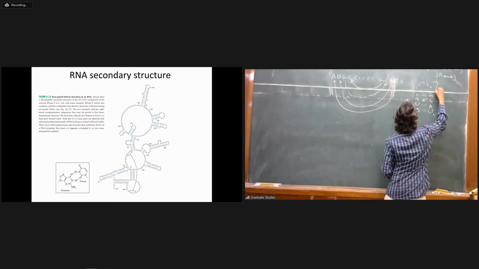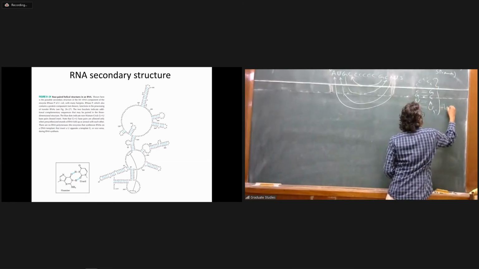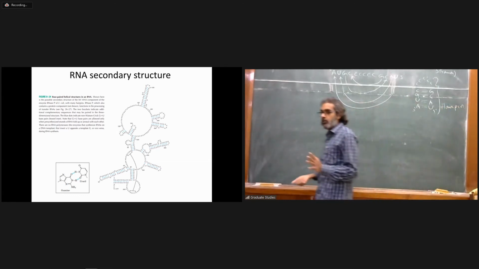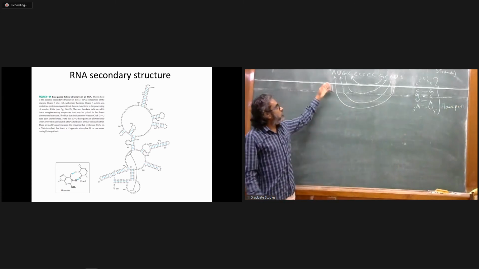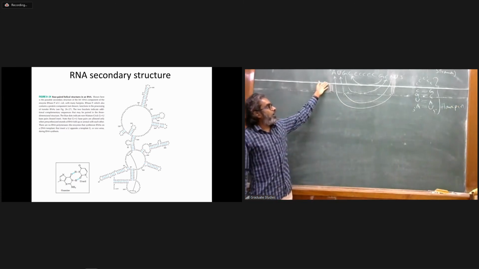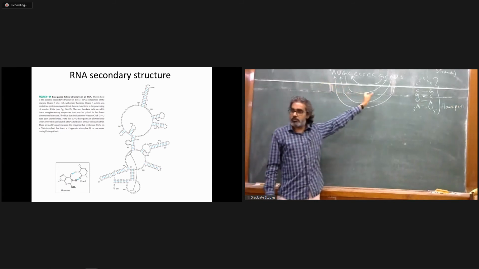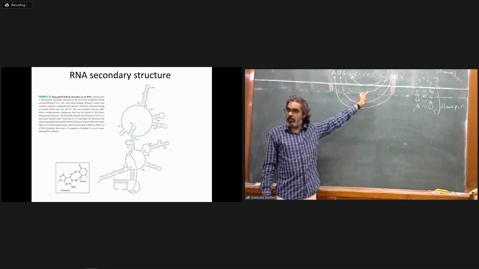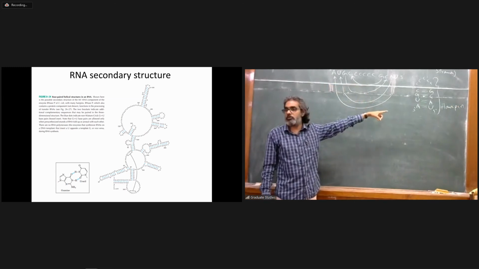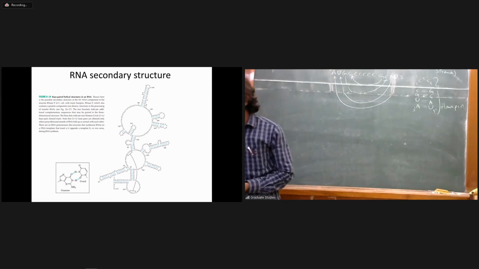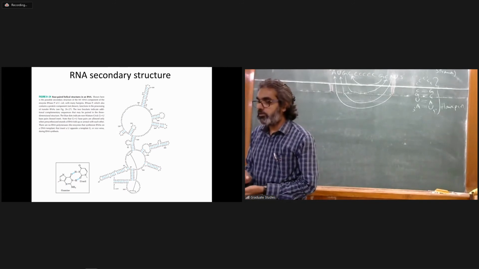This is called a hairpin. This is true for single-stranded DNA as well. If you have sequences which have complementary stretches within the same span, they can form rich hairpin structures. What I'm showing you on the slide is a cartoon structure.